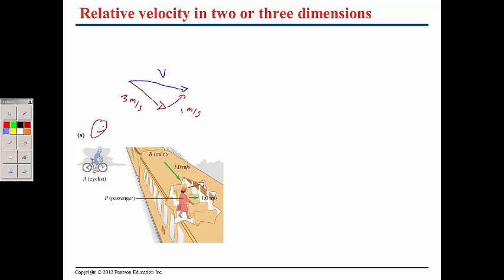So this would be the velocity of the passenger with respect to the cyclist. We can do 3 dimensions as well, but that is kind of hard for our minds to wrap their head around, so I'm not going to do 3 dimensions here or even in this classroom. We can also calculate the angles or the magnitude of this using trigonometry and the Pythagorean theorem.